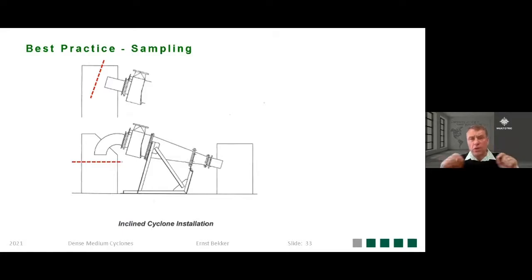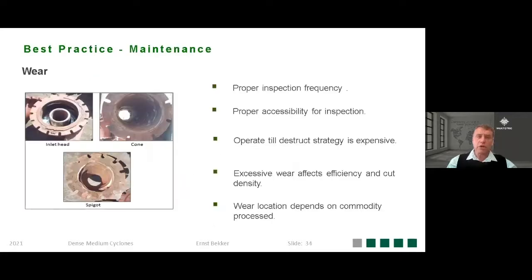If you sample on the screen and you get a poor result, you will not know if all 3 cyclones are producing that poor result, or if it is one of the 3 cyclones. And that's where you need to sample the cyclones individually to assess if one of the cyclones is giving a problem.